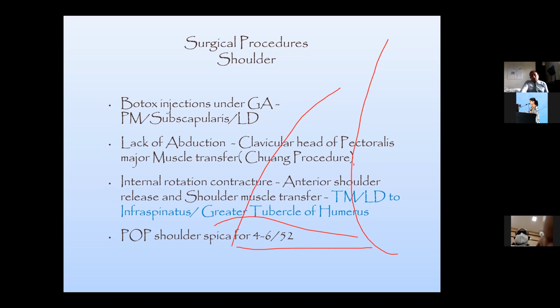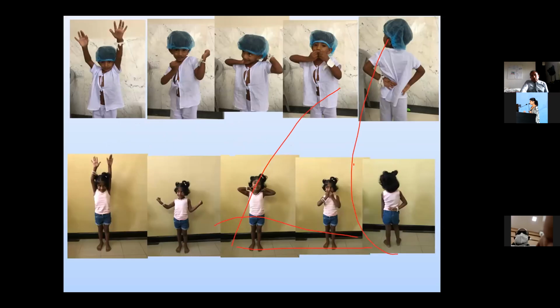The shoulder is kept immobilized for 4 to 6 weeks in a shoulder spica. You can see in the photographs on the upper row the initial deformity and how it improves after surgery.